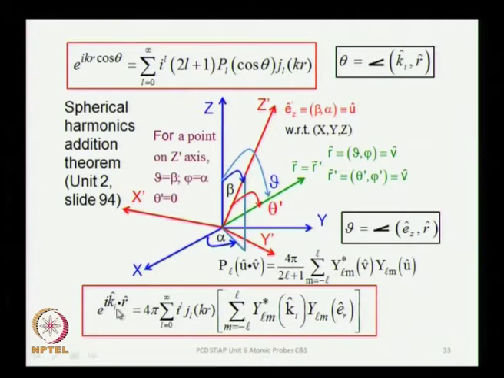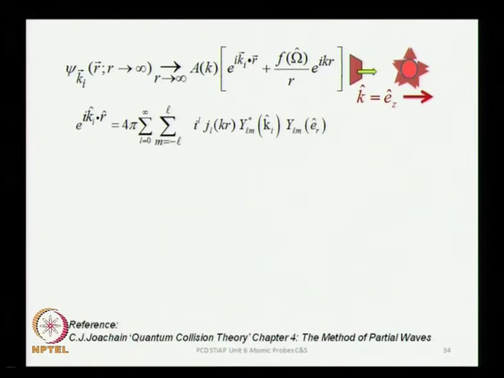Here I have added a subscript to the incident wave vector, just to keep track of the direction, because the arguments of these two spherical harmonics are respectively this unit vector along the direction of incidence, and then this is the radial unit vector along the radial direction. So, these are various forms in which you can write the incident plane wave.